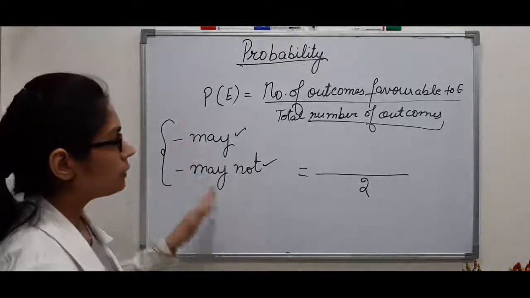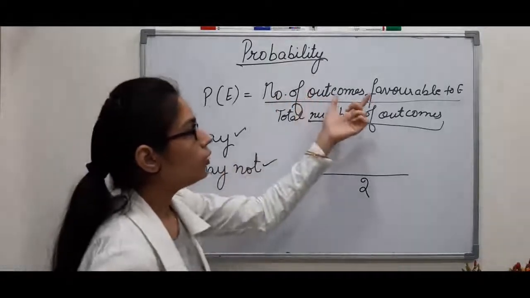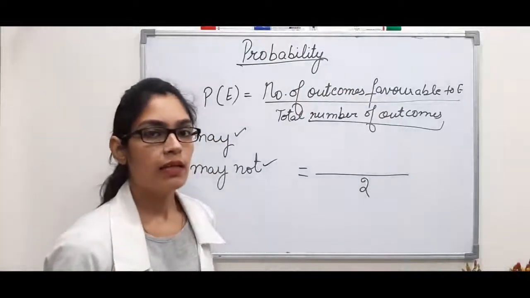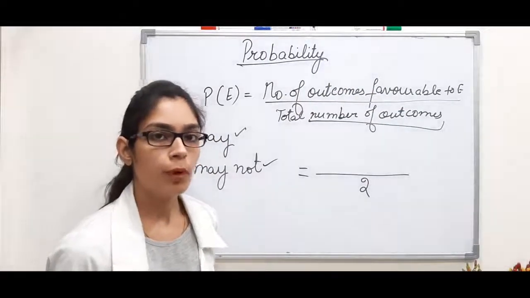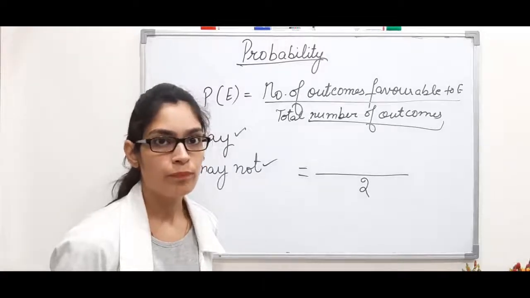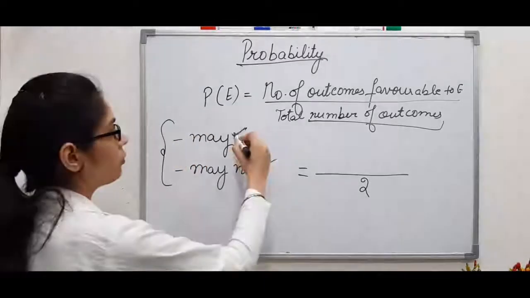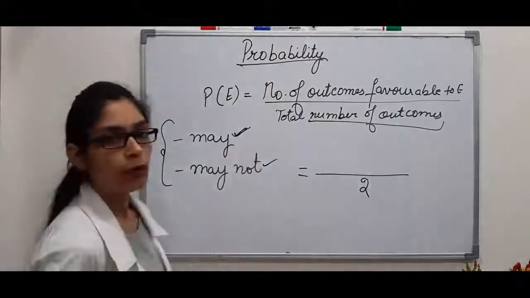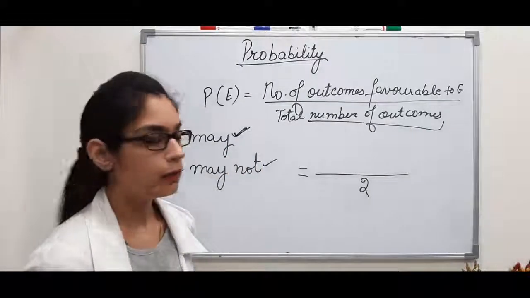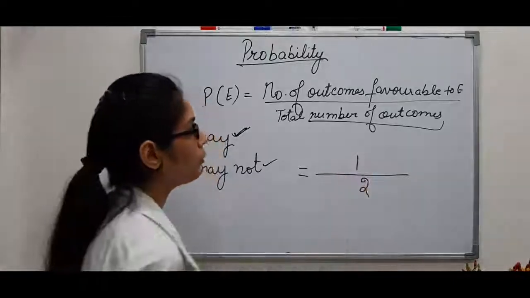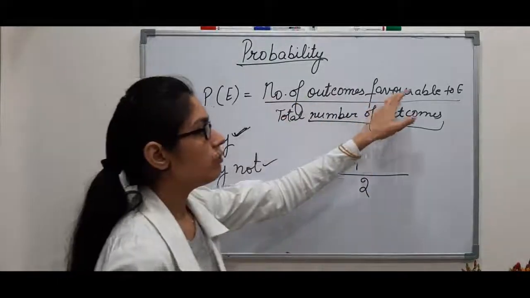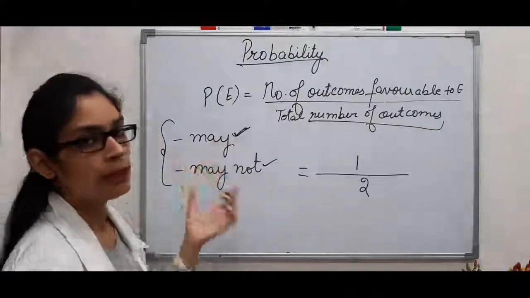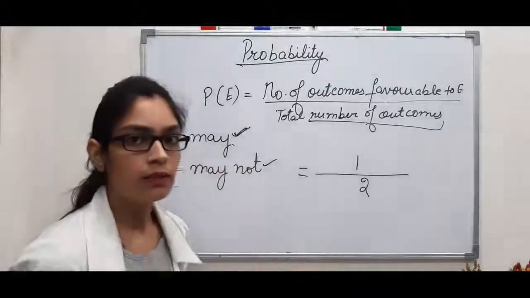So 2 outcomes are there and number of outcomes favorable to E, which means if I say what is the probability of raining today, so how many outcomes are there? It's 1, because only one outcome is telling me it may rain today, so it will be 1 by 2. Number of outcomes favorable to an event. Favorable means which is suggesting me that there is a chance of this thing happening.